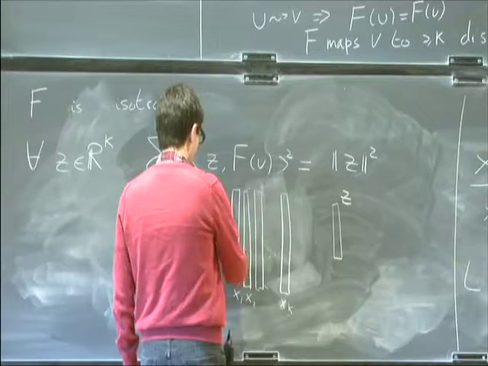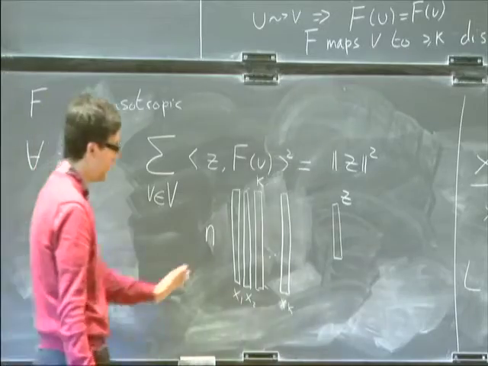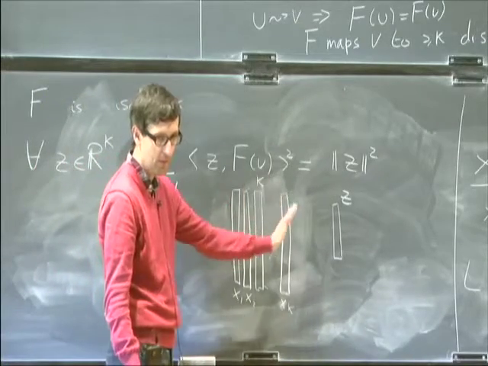Okay, so let's think of this n by k matrix formed by the k eigenvectors.